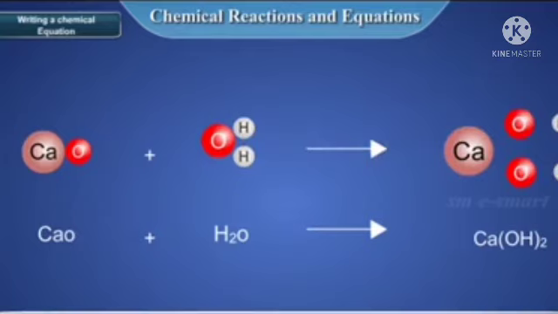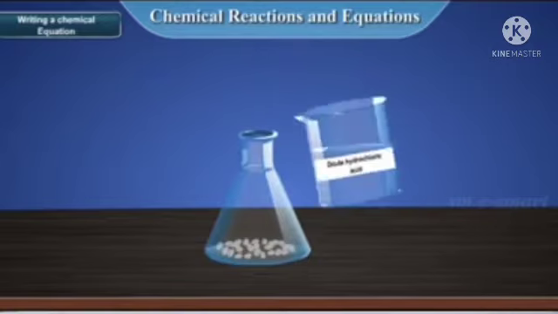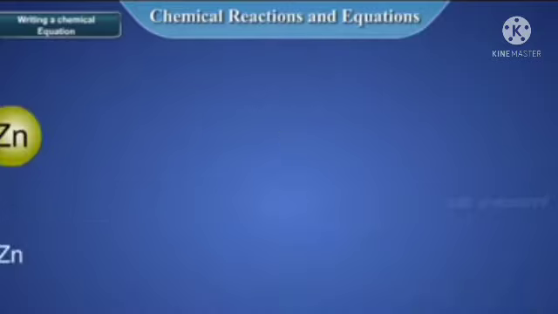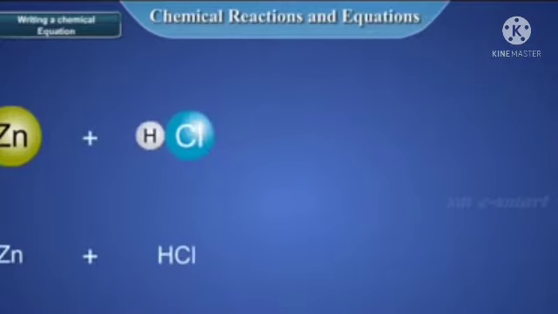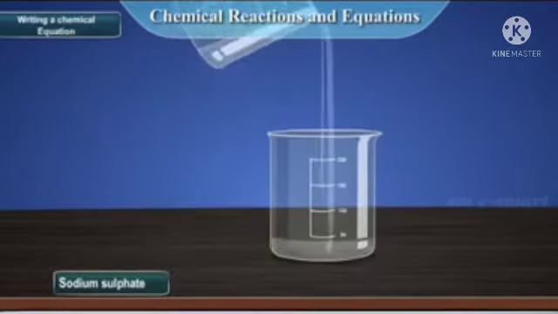Count the number of atoms of each element on the left side and right side of the arrow. Zinc metal reacts with dilute HCl to form zinc chloride and liberated hydrogen gas. Liberated means releases hydrogen gas. Zinc plus HCl gives zinc chloride plus H2 gas.